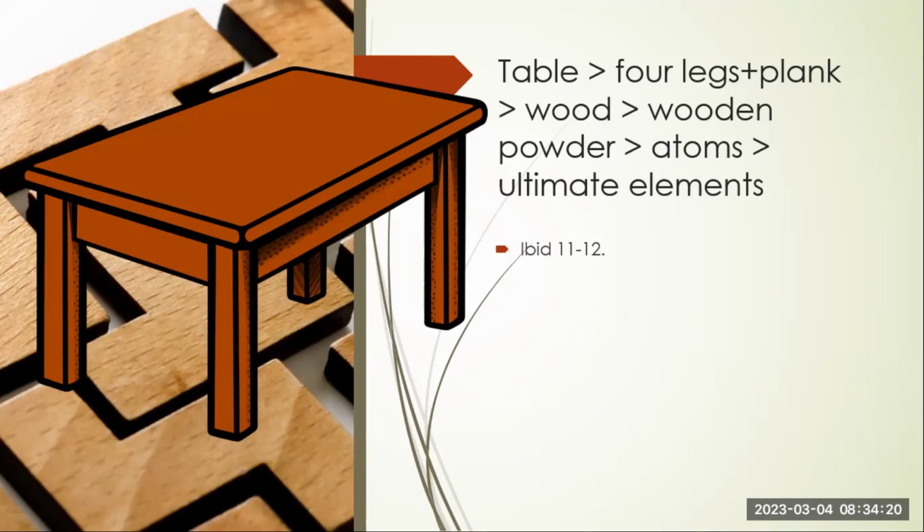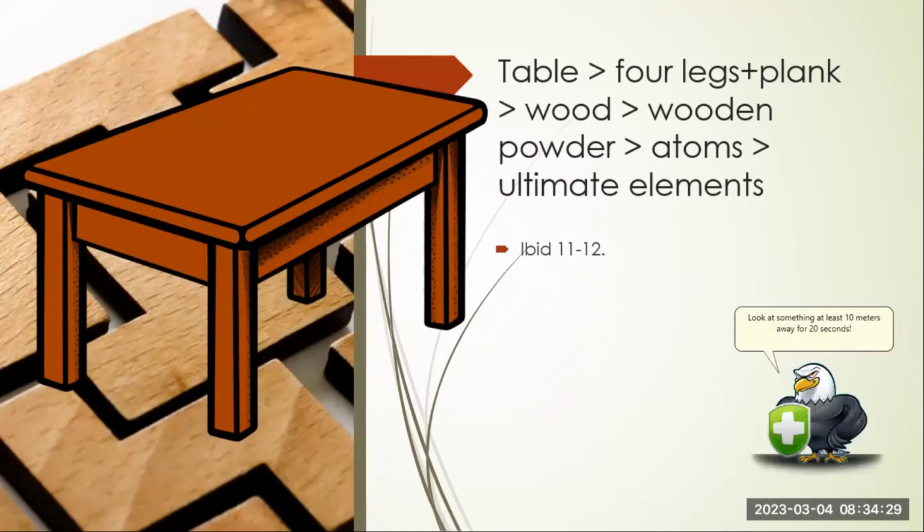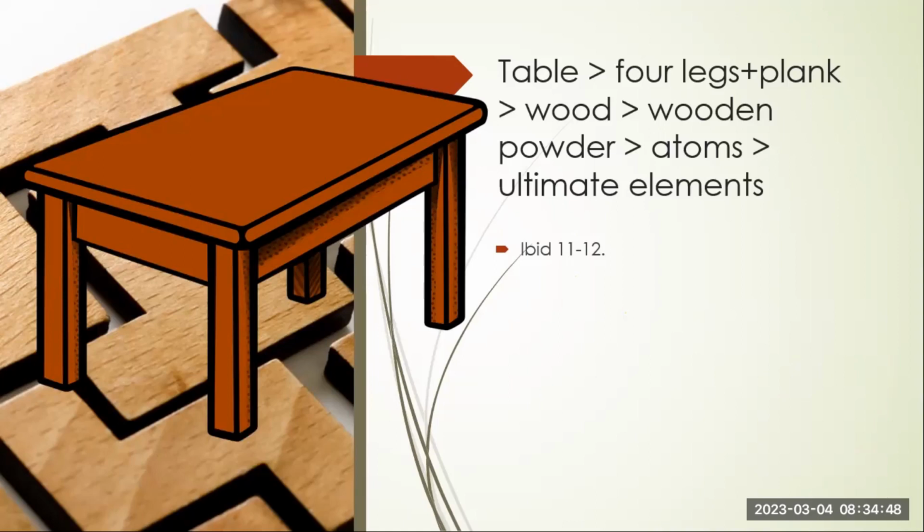Suppose the carpenter prepares those wooden planks and the legs into another appearance, we call it a chair. When we change its appearance, it also changes its name.